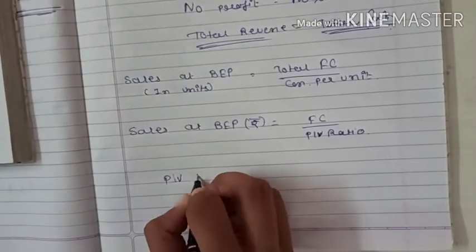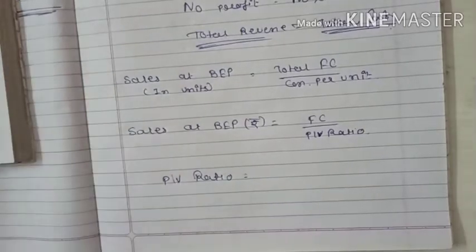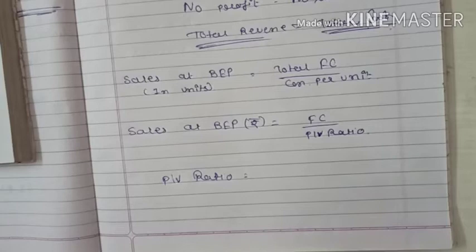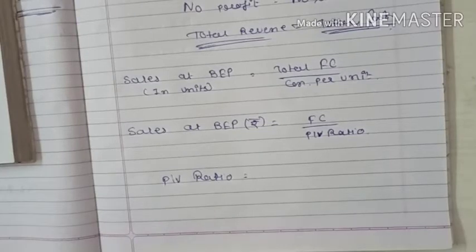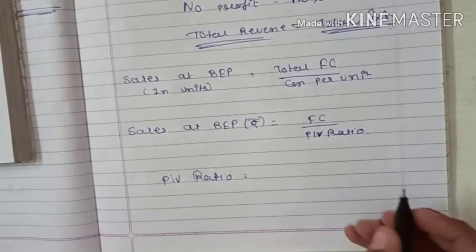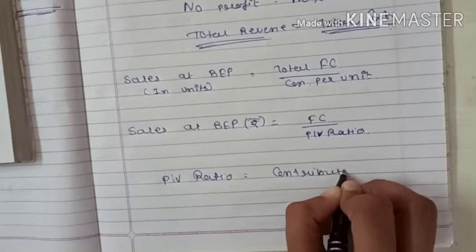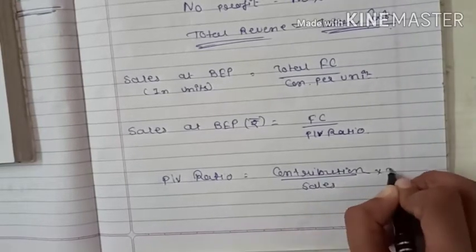PV ratio shows the relationship between the contribution and the sales, and the impact of the variable cost on the sales. So, PV ratio is equal to contribution divided by sales into 100.